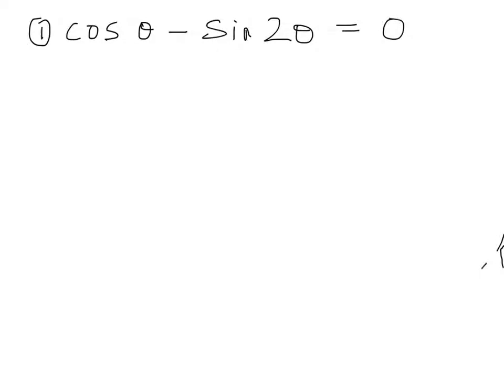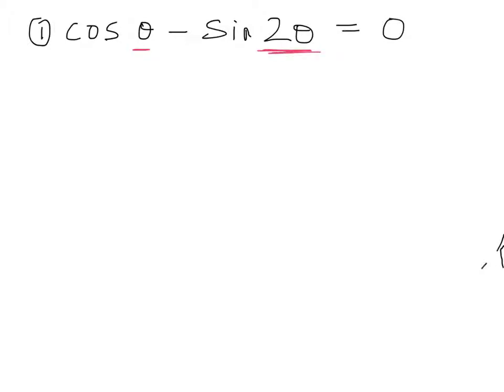Alright guys, the objective of this lesson is to solve trig equations by using the double angle formulas. The reason you have to use a double angle formula is because you're asked to solve for theta, but the functions given in the problem, one of them involves theta and the other one involves 2 theta.